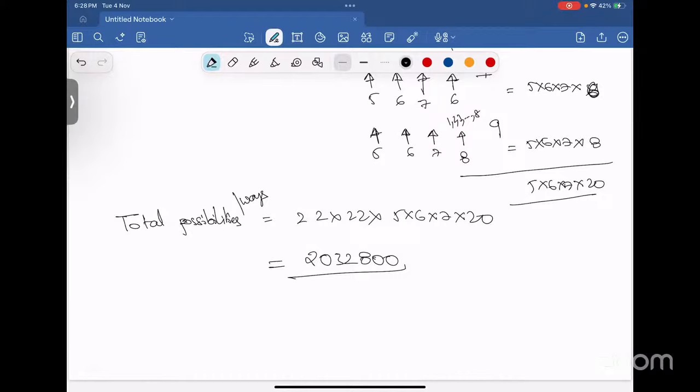Formulas are there to speed up the solution. But even if you don't know any formulas, if you are good at counting and thinking in all different directions, then permutation and combinations is a piece of cake. Okay, so I think this helps you.